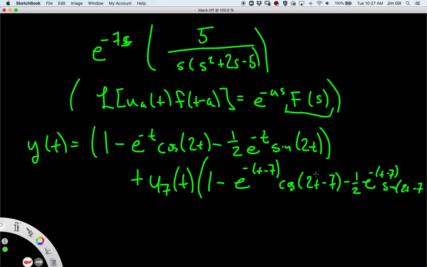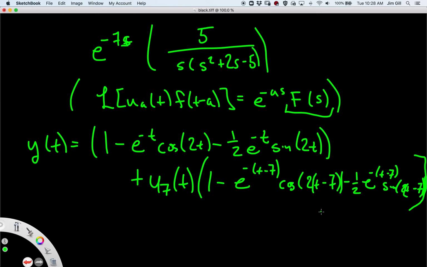And this should be in parentheses here. We're time shifting by 7 seconds. And final bracket there. Barely fit that in there. So we've got two terms here. This term does not come in until 7 seconds later.